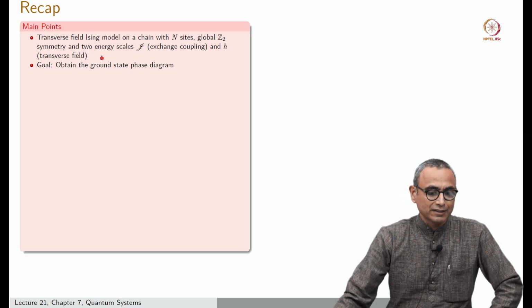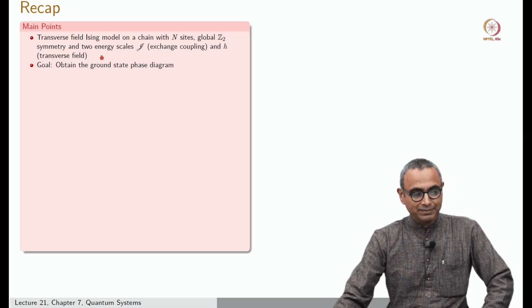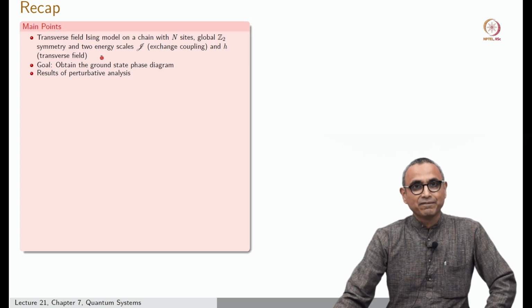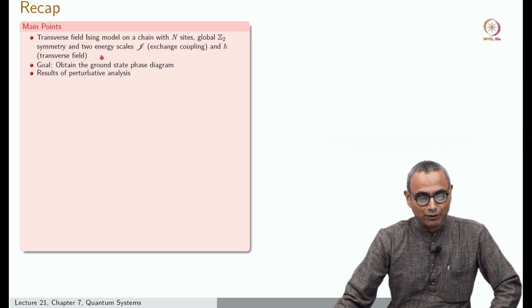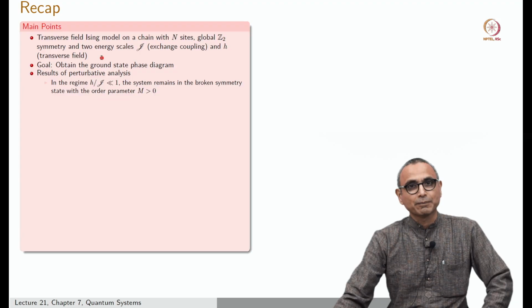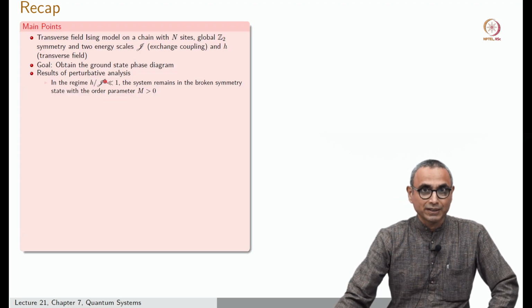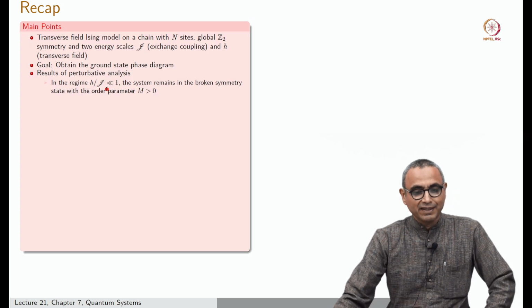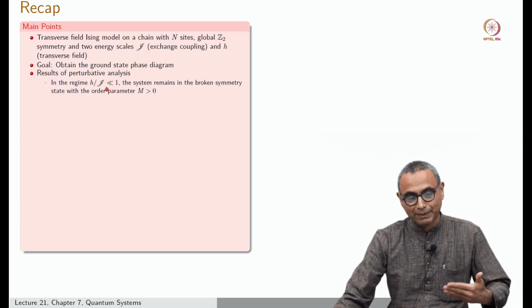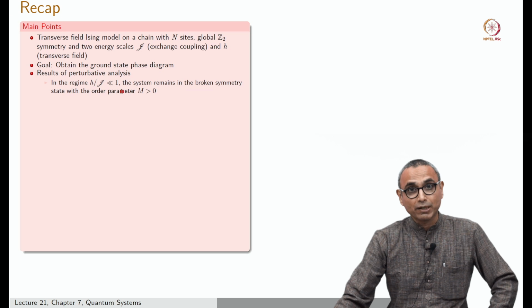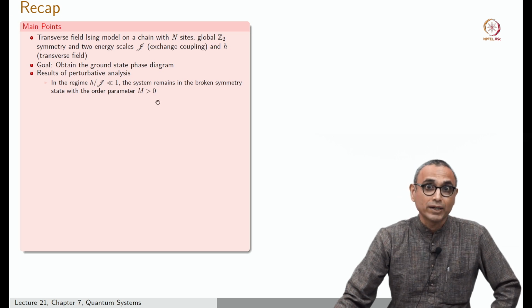Our goal is to obtain the ground state phase diagram, and we performed perturbative calculations. The outcome was that when the transverse field is much smaller than the exchange coupling, we have a broken symmetry state with an order parameter that is non-zero.